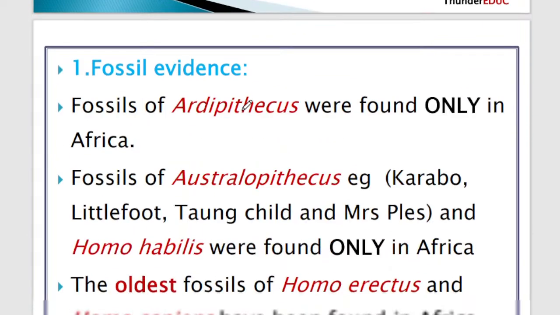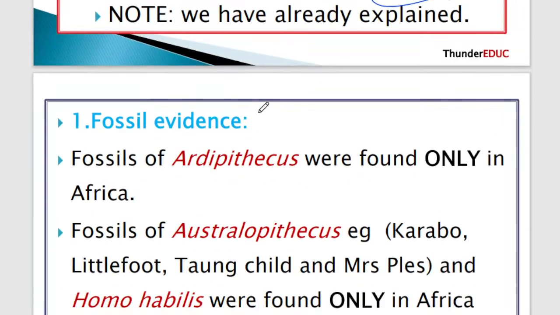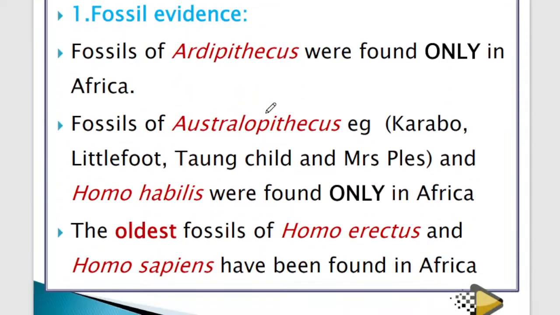Another mistake students make, and this is very, very common. Which mistake? They say that fossils of Australopithecus were only found in Africa.